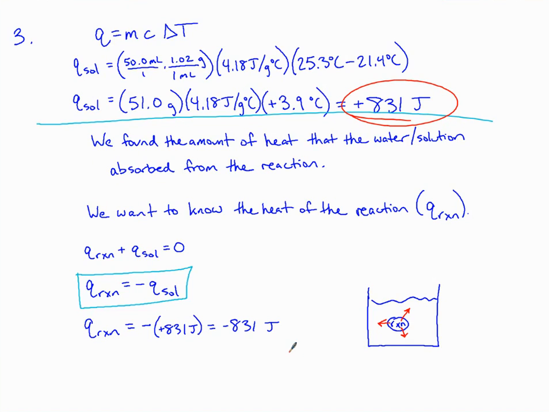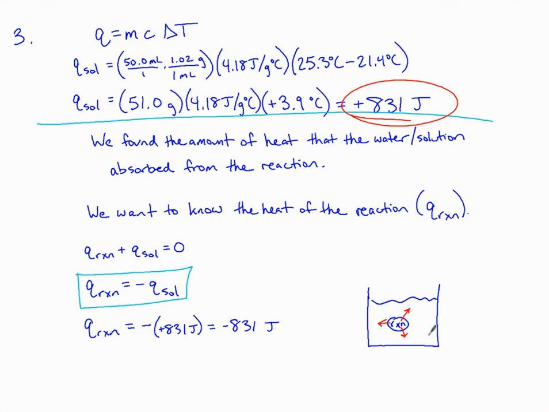Remember, negative means released. So I drew a little diagram of what could be happening here. Imagining that the reaction and the water are actually two different things, in a simplified picture, here's the reaction going on, and it is releasing energy. And then the solution is absorbing energy.